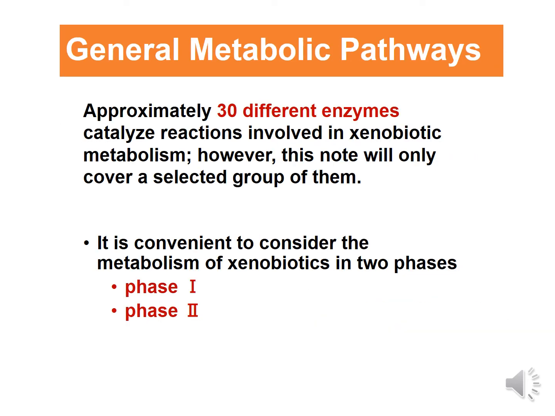Approximately 30 different enzymes catalyze reactions involved in xenobiotic metabolism. However, this note will only cover a selected group of them. It is convenient to consider the metabolism of xenobiotics in two phases, phase 1 and phase 2.